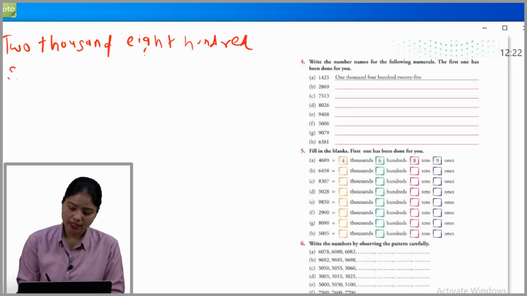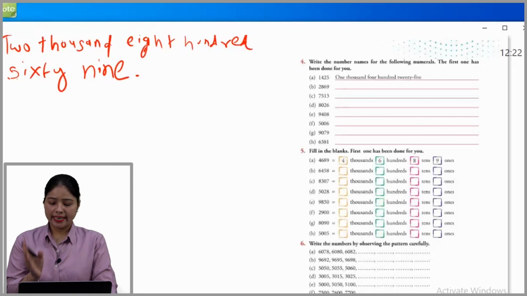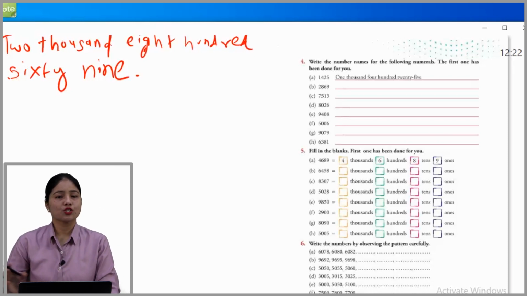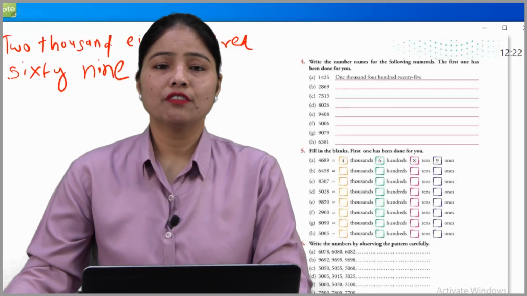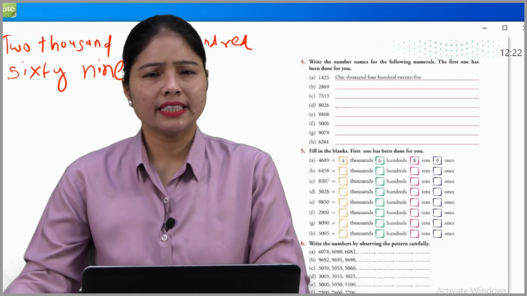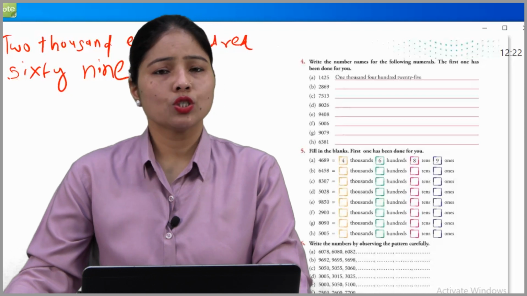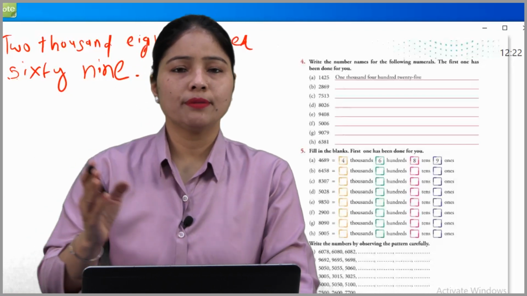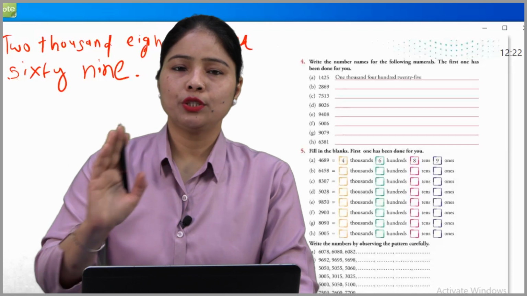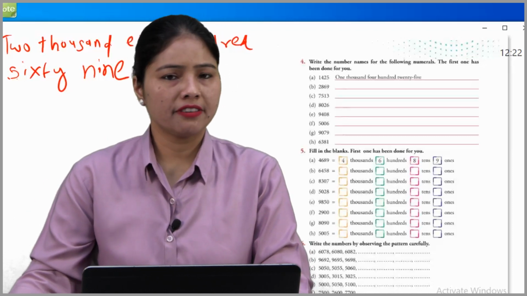So write it 69 over there. Okay. So 2869 is the answer of that one. Similarly, third one is 7513. Next one is 8026. Then you have to solve it on your own. So only you need to do practice. Okay, bachcho, this is very easy.